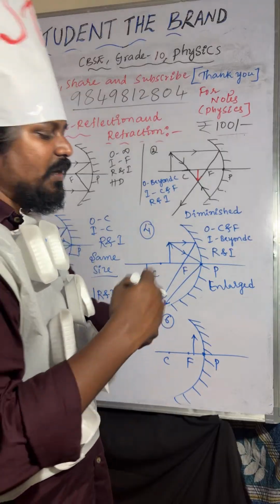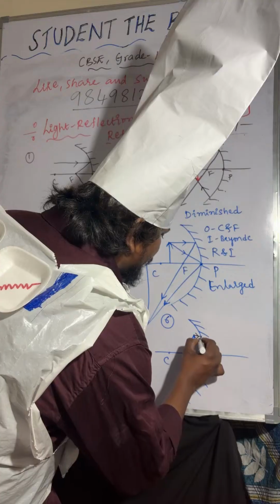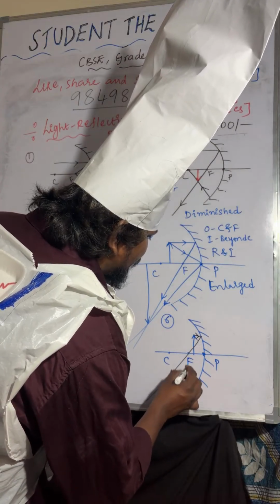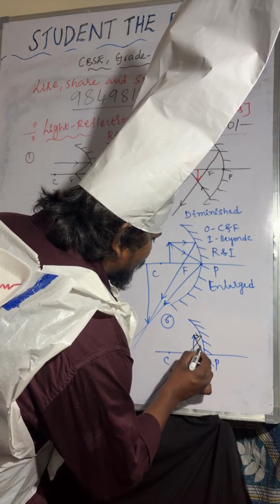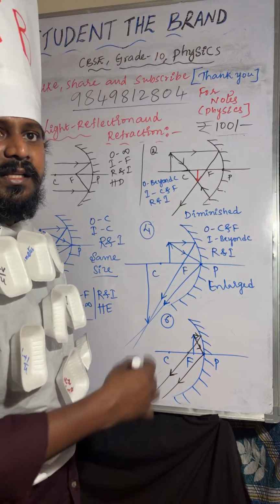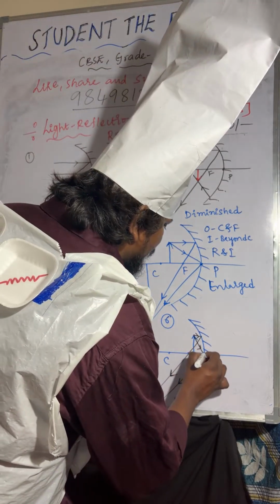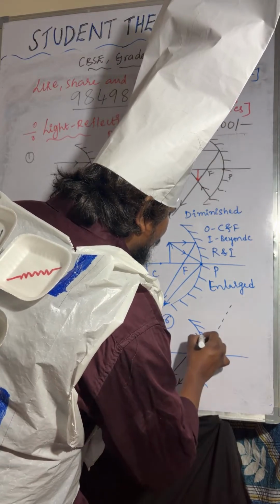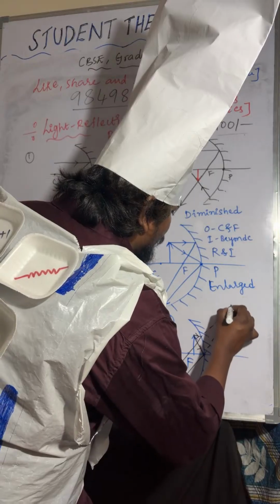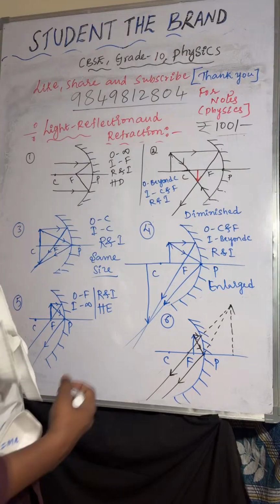One light ray I am taking like this, and after reflection it passes through the focus. Another light ray is incident at the pole and it reflects back. If you extend these light rays, those light rays meet behind the mirror.